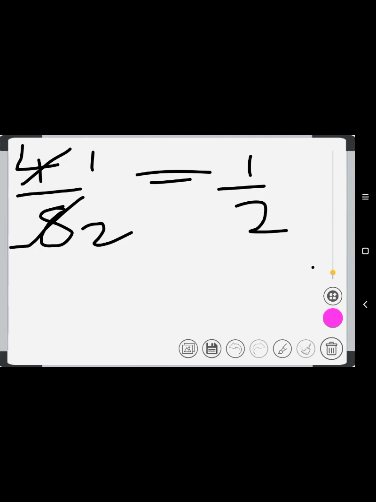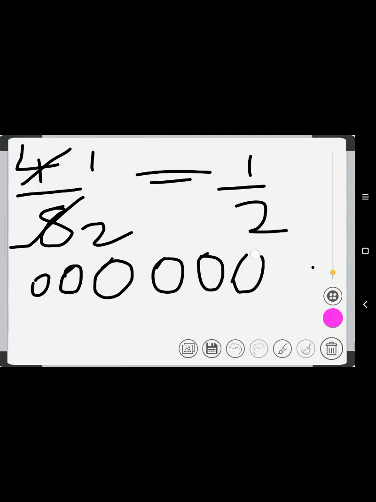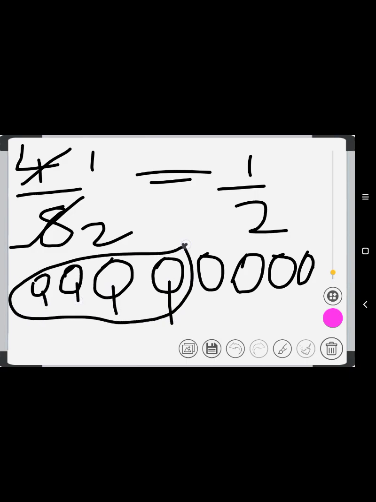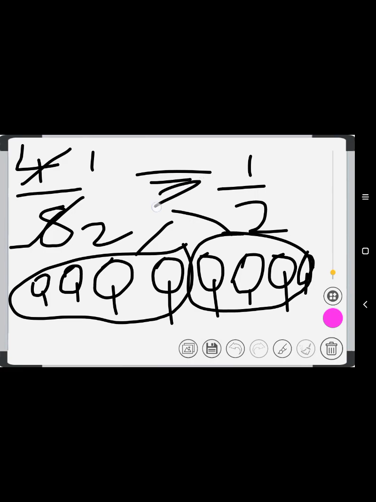That will be 1. So 1, 2, 3, 4, 5, 6, 7, 8. 1, 2, 3, 4. So we circle the 4. 1, 2, 3, 4. And we circle the other 4. Realize it's 2 times. But if you don't want to do it this way, I'll show you the other way.